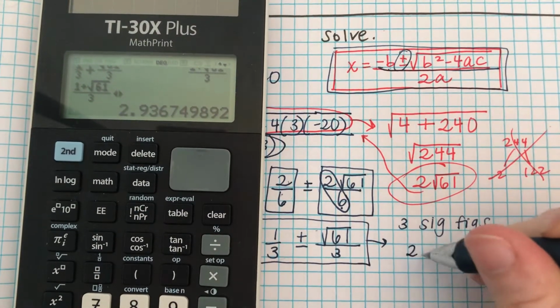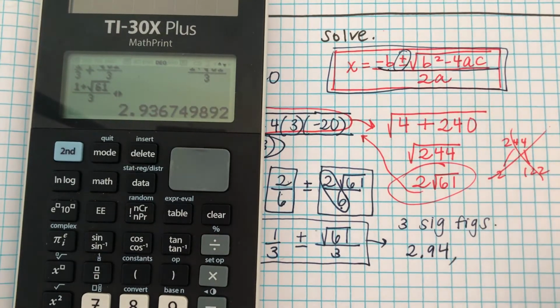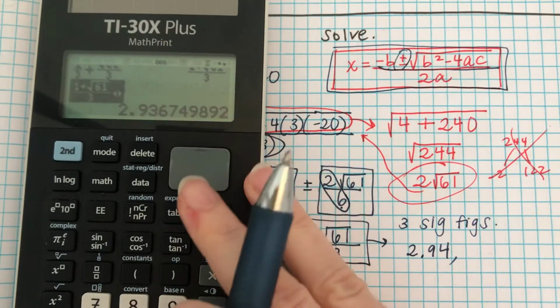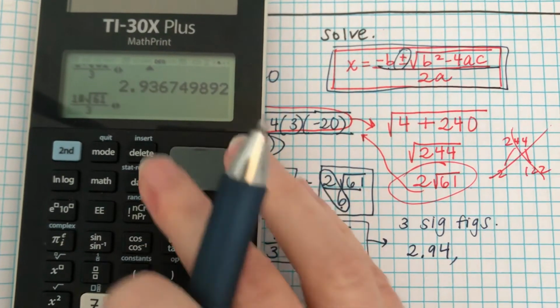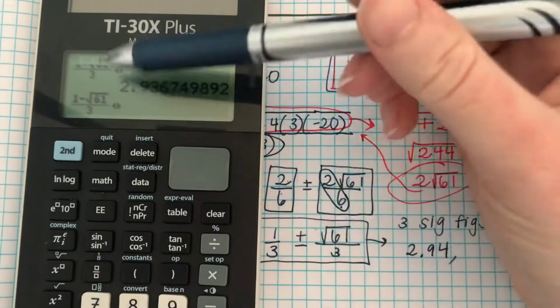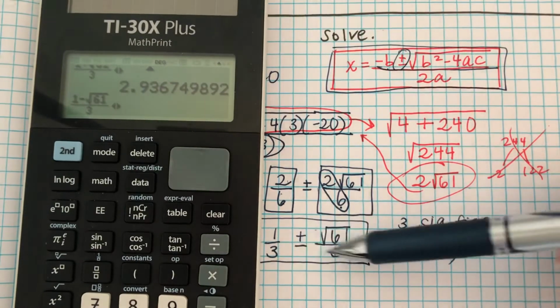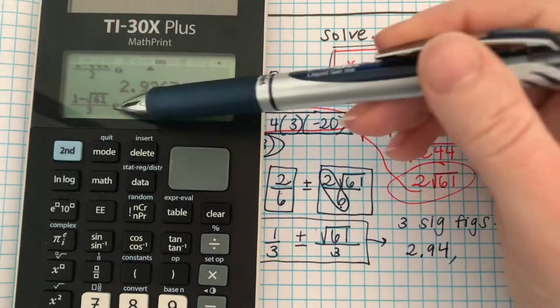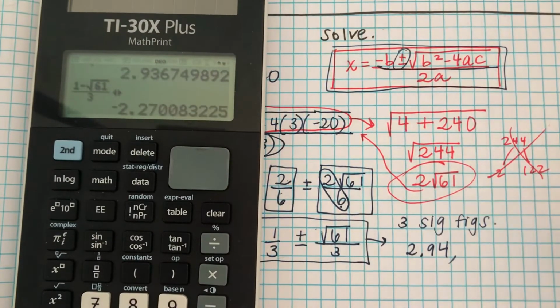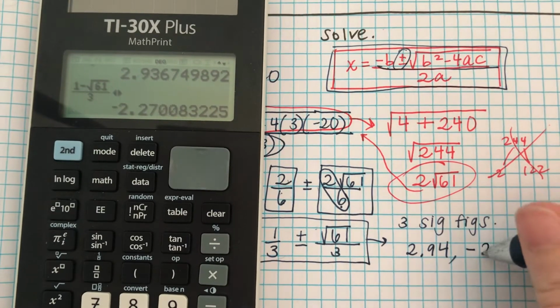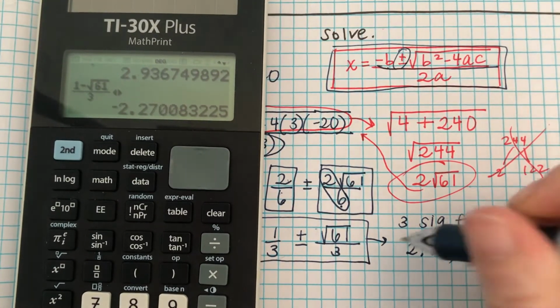So we have 2.94 in 3 significant figures, and then I'll go back and edit that to become minus. See how it just combines it all together? That's okay, you don't have to leave it separate. If the denominators match, it can be combined all together like so. So our second answer is minus 2.27.